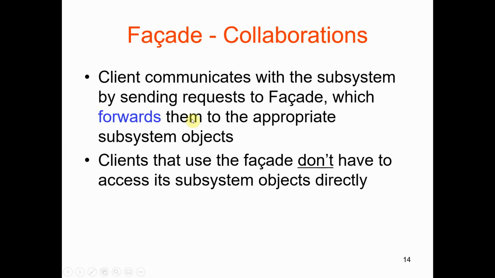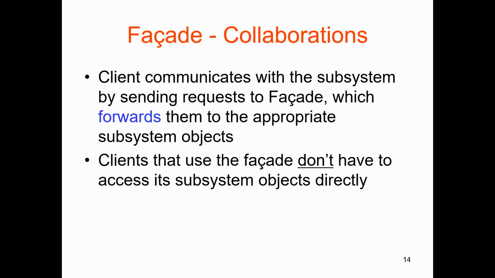You can see the collaboration. The client communicates with the subsystem by sending the request to the facade, and then the facade forwards the request to the subsystem objects. This doesn't mean that the client cannot interact with the subsystem directly.